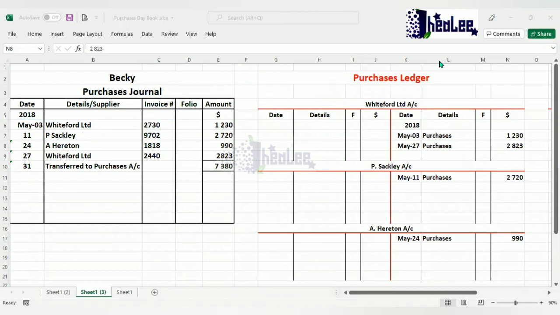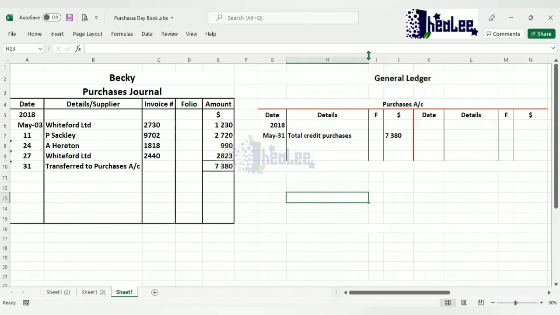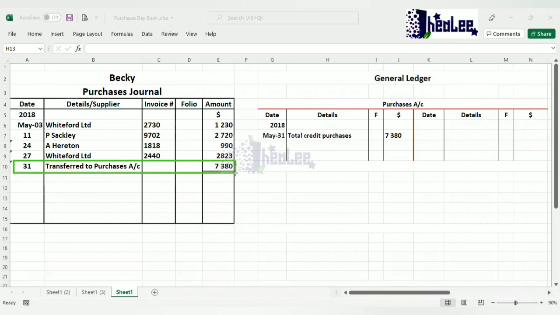We're now going to review what we did in the general ledger to complete the double entry. So from the purchases journal, what we pick up is the last entry right there that said transfer to purchases account, and the purchases account, people, is located in the general ledger, and the entry must be a debit entry in order to complete double entry, because there's an increase in the value of purchases once the business buys goods.